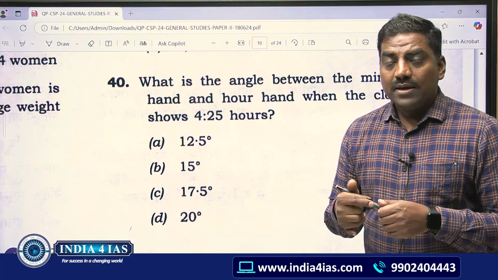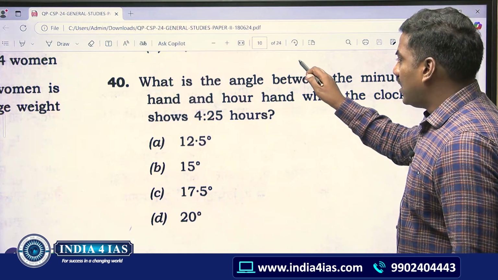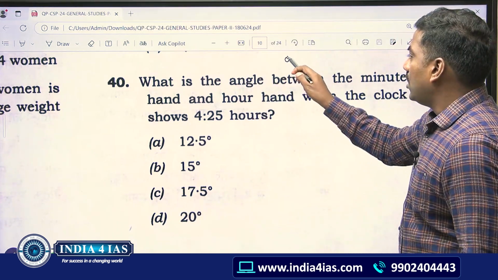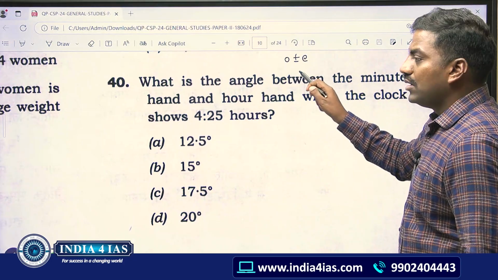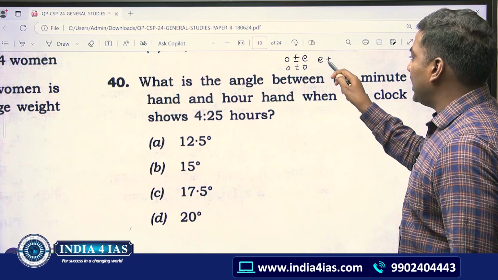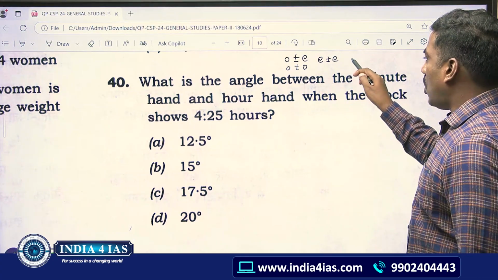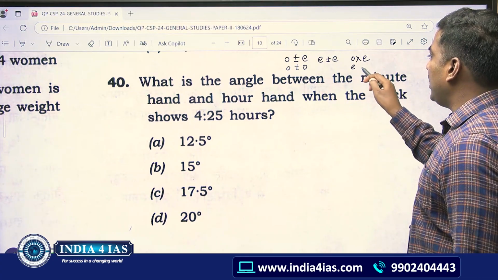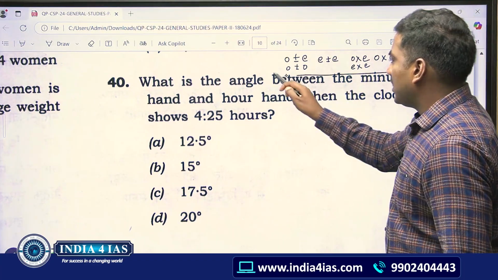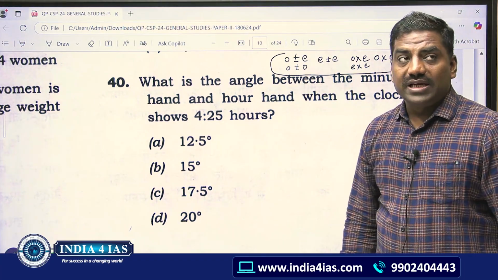So like that, please have a chart of odd plus or minus even. Similarly, odd plus or minus odd, even plus or minus even. Like this, odd into even, even into even, odd into odd. Like this, you have a chart. You cannot make a mistake after this.